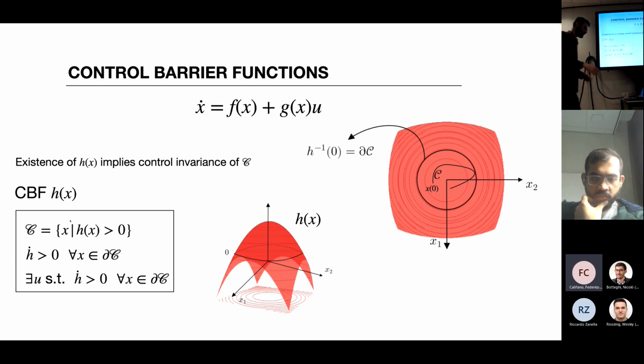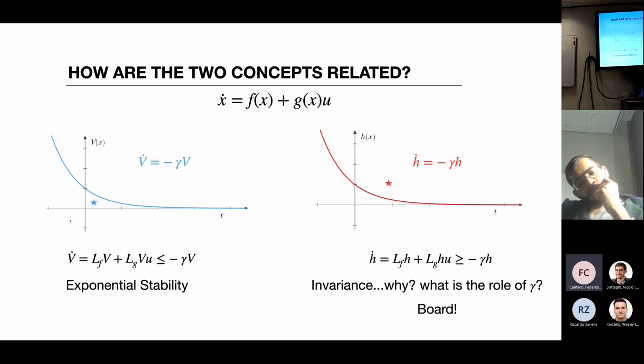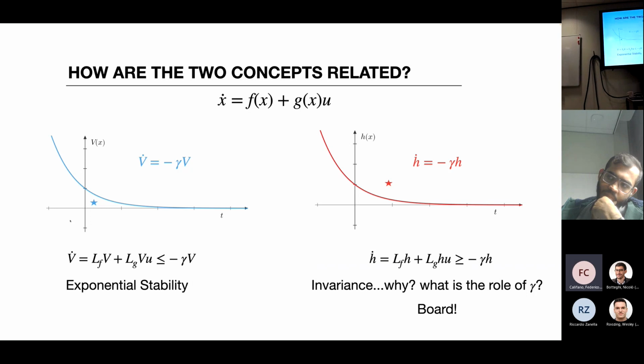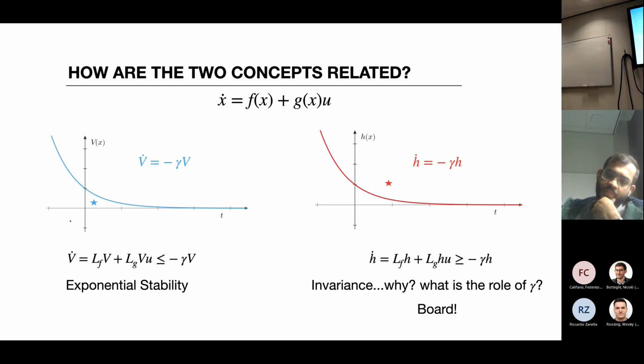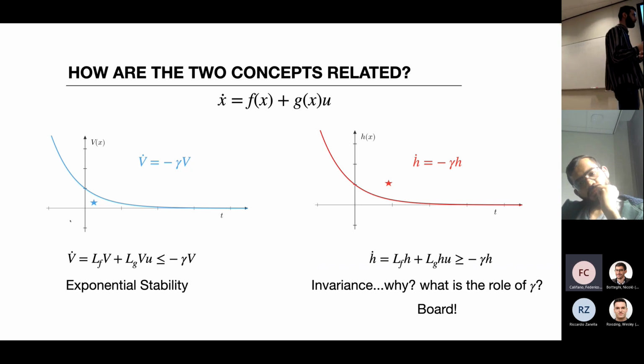This is the cool part. What we had is that Lyapunov was V dot less than 0 for each x different than 0. Instead, the barrier case was h dot greater than 0 for each x at the boundary of the safe set. So these seem quite unrelated properties.